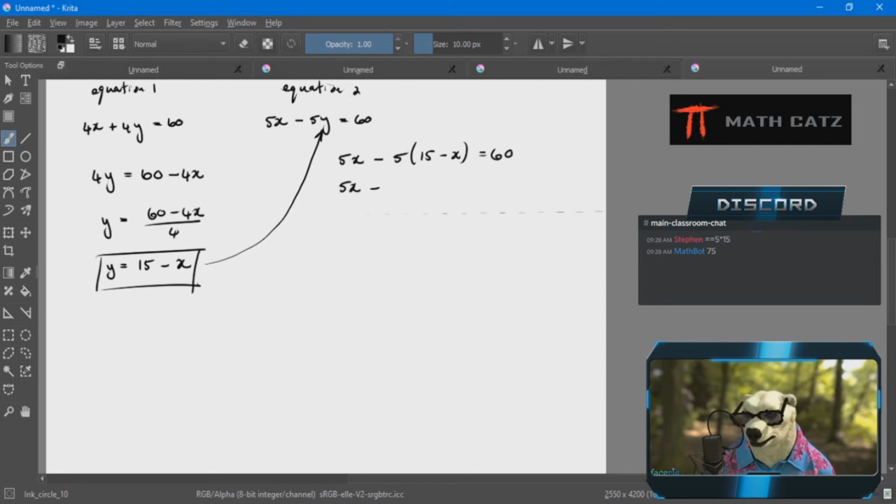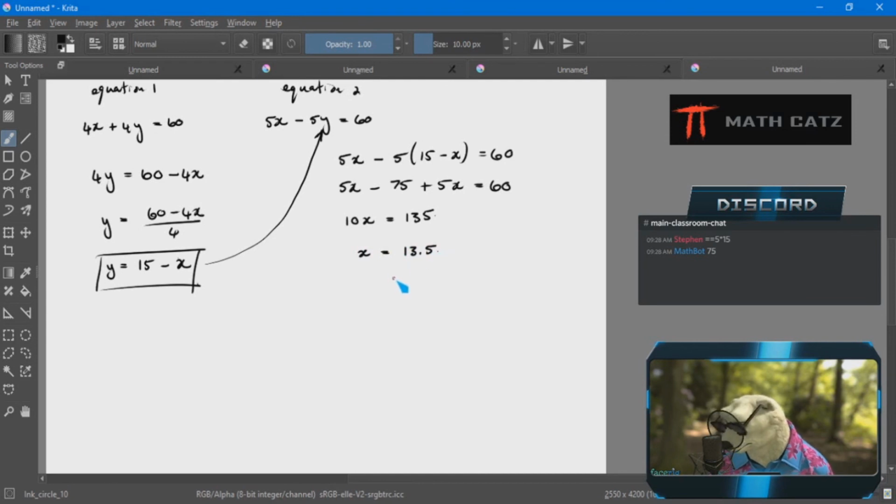Good job, MathBot. Way to contribute. 75. It's a minus, so it's negative 5 times negative x, so plus 5x equals my 60. Put the x's together for a 10x. Add 75 on both sides for 135.